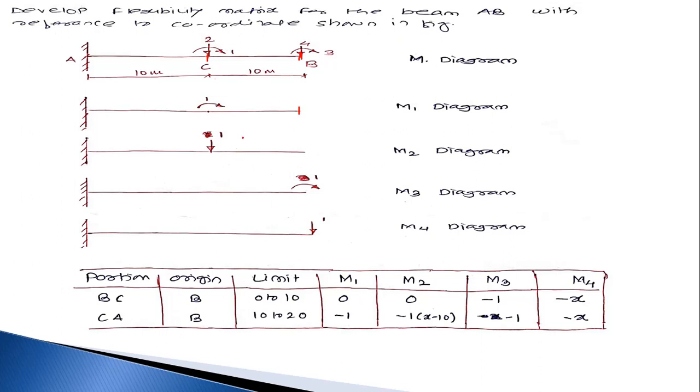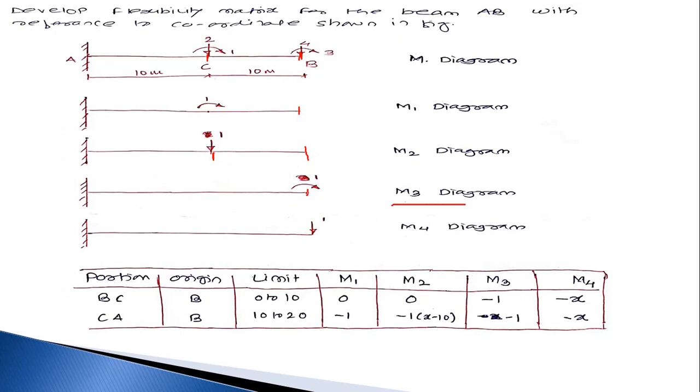In a similar way, for the second coordinate, the point load at C, taking moment about B, there is no load between B and C, so M2 becomes 0.